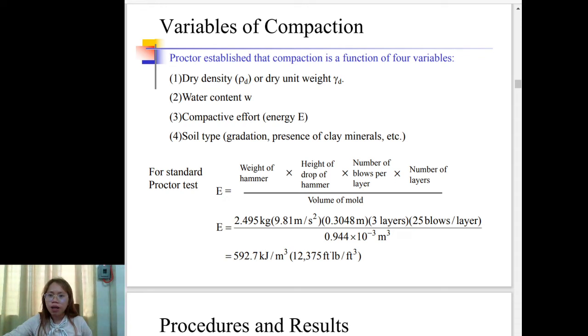So the variables of compaction: Proctor established that compaction is a function of 4 variables, no?